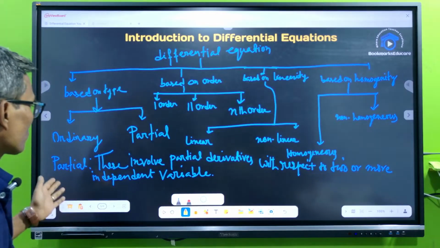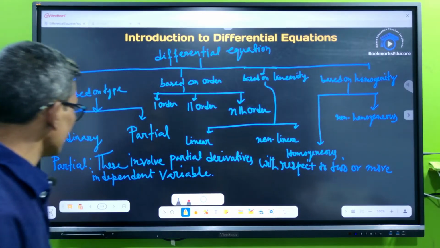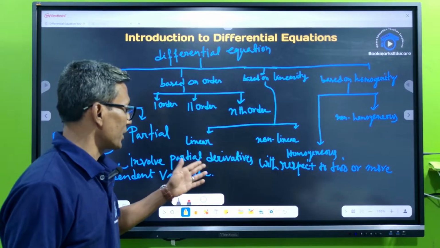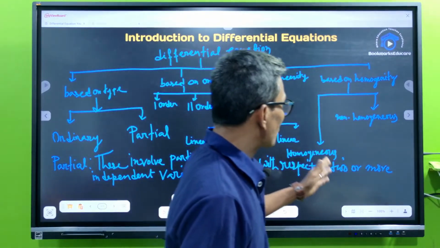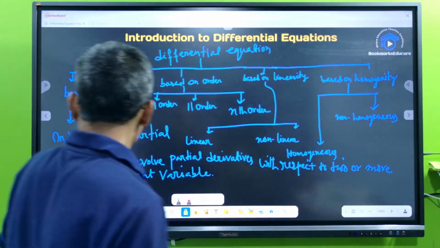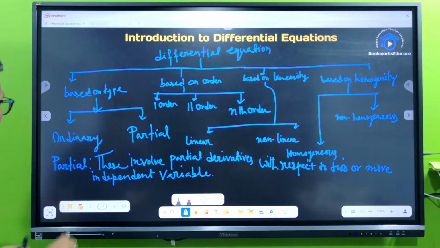Partial differential equations are those type of differential equation which involve partial derivatives with respect to two or more independent variables.